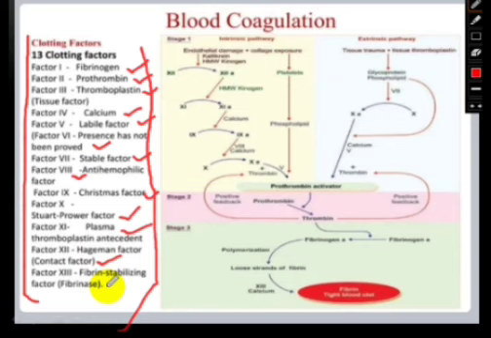Nigerian factor. Okay. Factor 13 is what? Fibrin stabilizing factor.